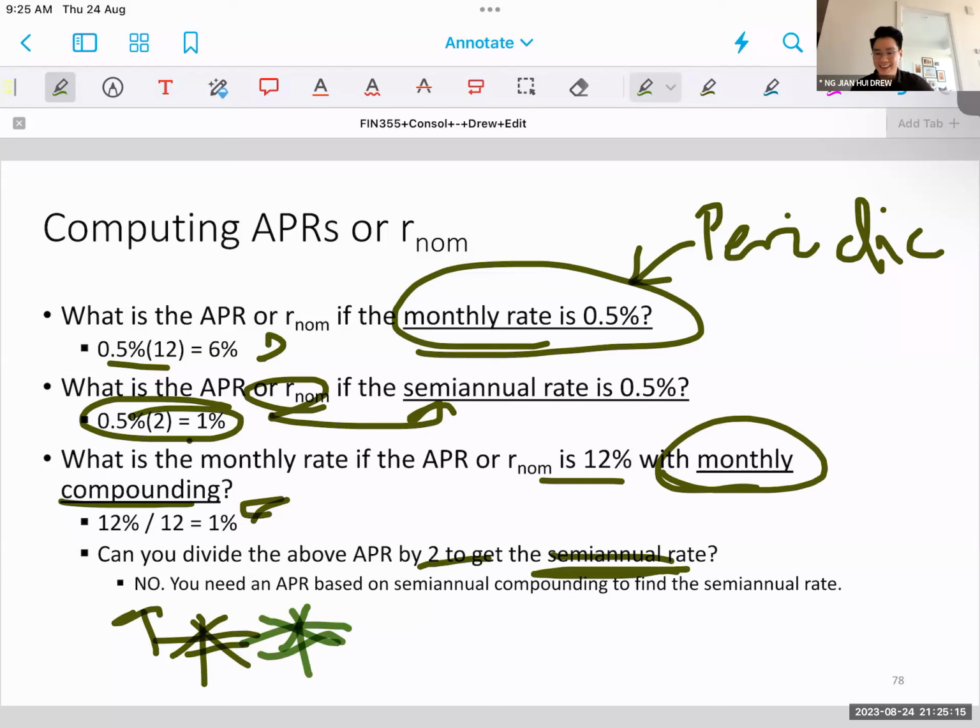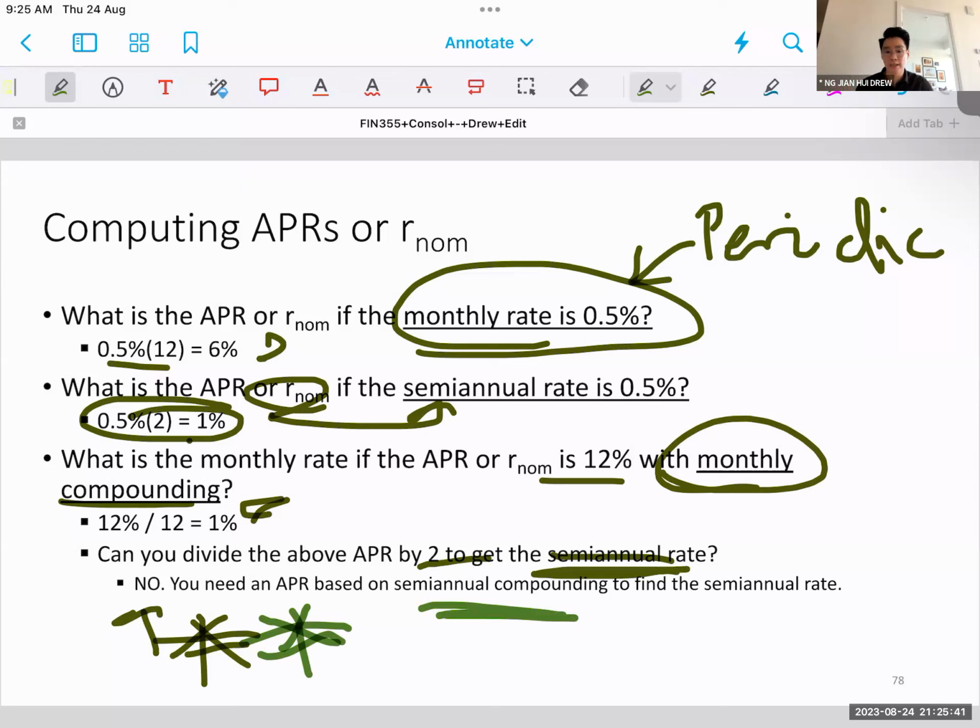Those that said no, thanks, because that means you know your time value of money. You cannot do that, because you need to get your nominal rate based on semi-annual compounding. This is the part of rates that can sometimes be very confusing, right? Some people wonder, how come this rate you can divide by 12, and how come this rate can only divide by 2?